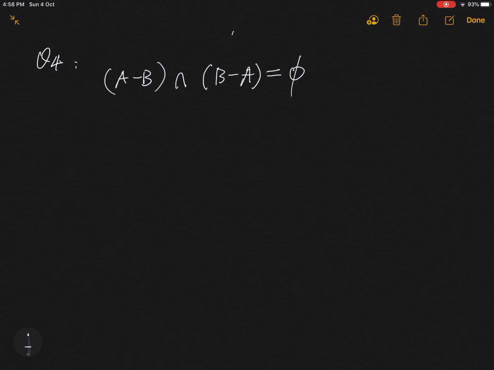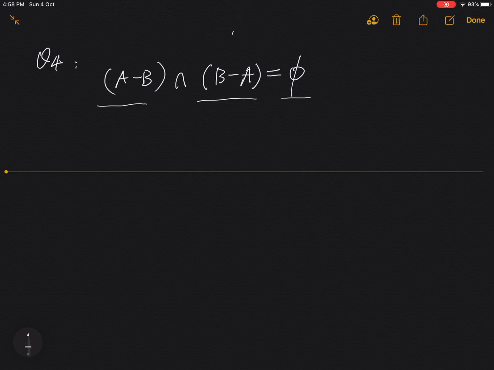As for question 2, we need to prove by contradiction that for the 2 sets A and B, the intersection of A minus B and B minus A is empty.